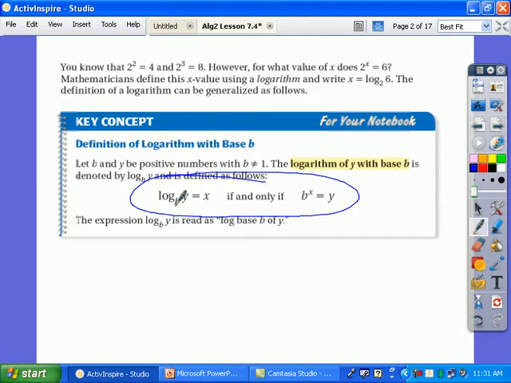So this b and this b are the same, right? So log base b of y, that's this y here, equals x, the exponent. And that relationship is going to be fundamental for your understanding. Log base b of y equals x is equivalent to b to the x power equals y.